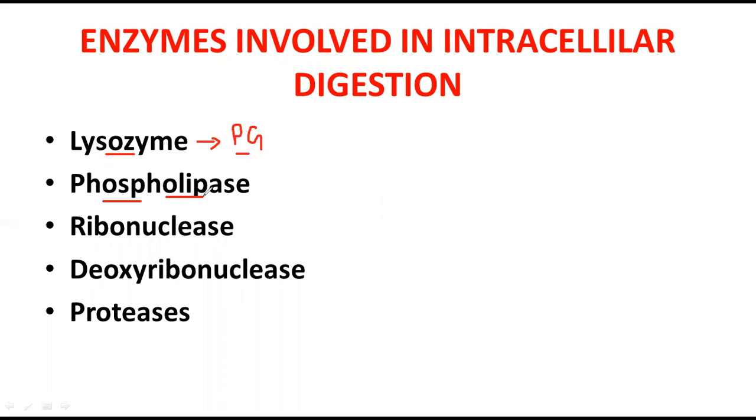By destroying the cell membrane of a microorganism, it can easily be killed, because most of the vital functions are performed by the cell membrane. The third one is ribonuclease. This enzyme destroys the RNA of the microorganism, the RNA and the ribosomes.